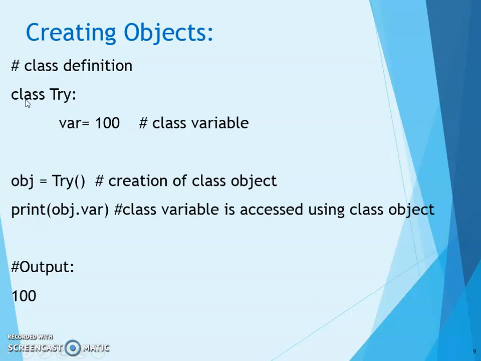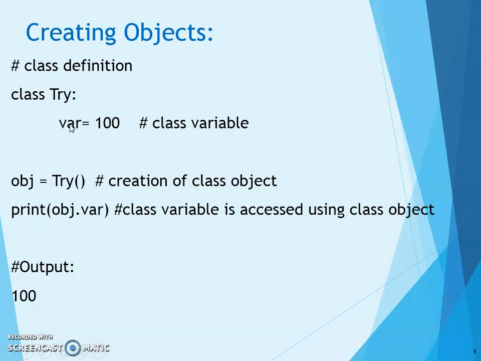So class, space, the name of the class is try, colon, and with the proper indentation, we are assigning the value 100 to one variable, that is var is equal to 100. So this is nothing but a class variable. We are not defining any function, that is a method, inside a class. We are just assigning a value to only one variable.